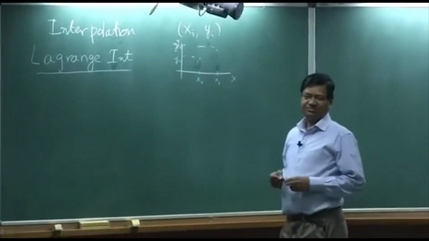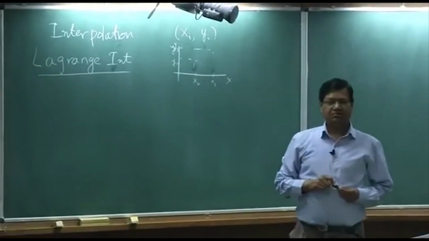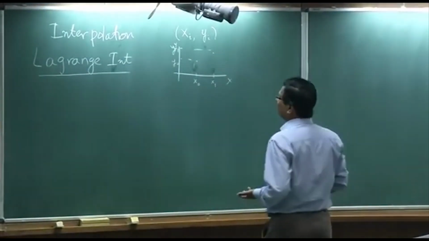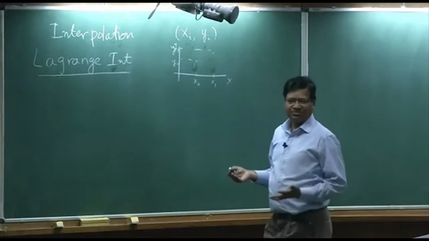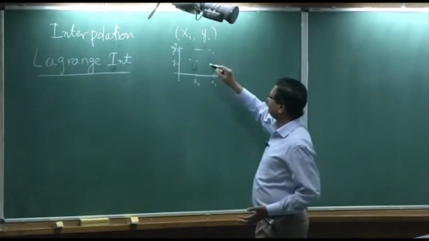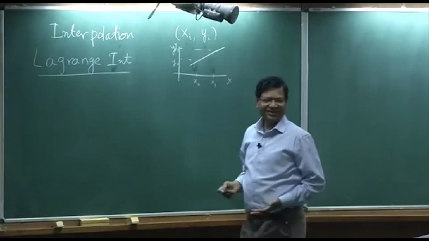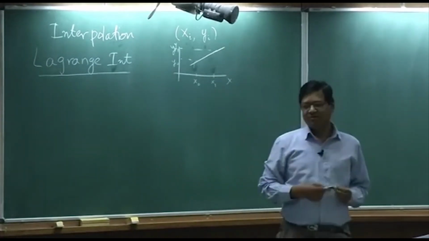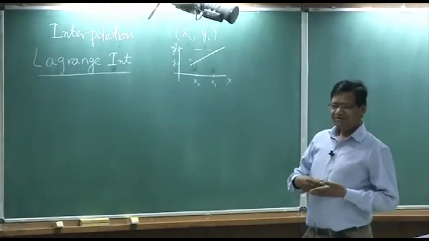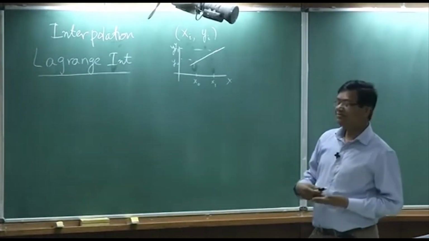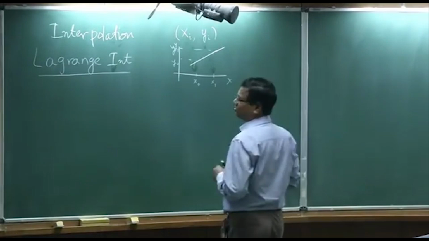So I need a formula. For 2 points it is easy, linear interpolation. I just make the function which is linear. Well, I do not have a choice, I do not have any other point. So linear interpolation is a valid interpolation, in fact the only available interpolation with 2 points.